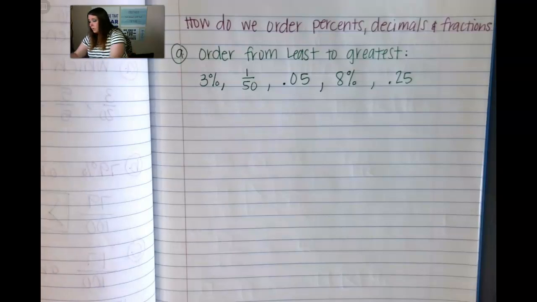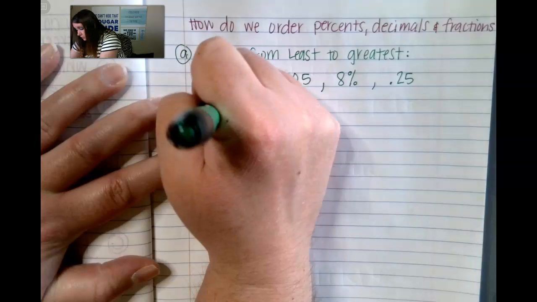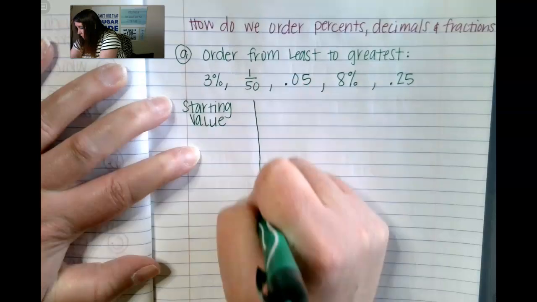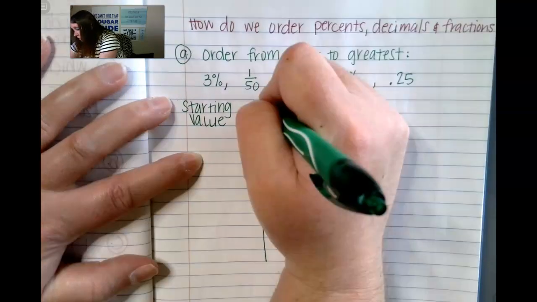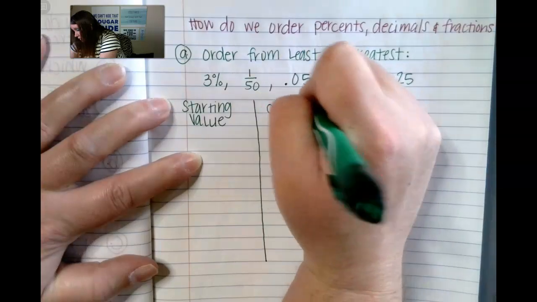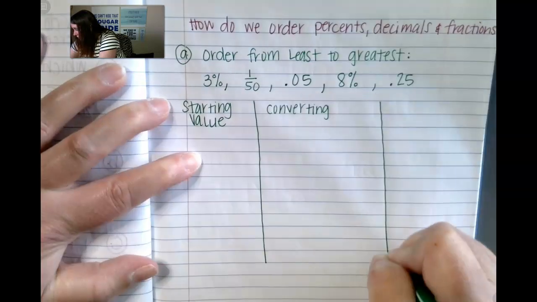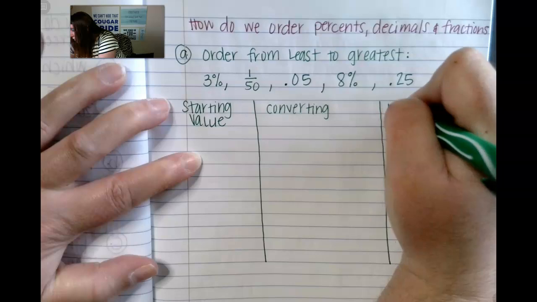So the first thing that we're going to do is we're going to start with our starting value. So the starting value that they give us, and then we're going to do some converting. And then this is the equivalent answer.